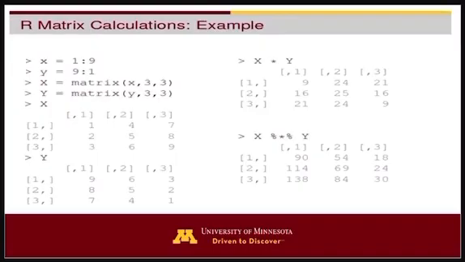Now, I want to do matrix multiplication in R. I specify two variables from my data set: X, which I want to use to make a matrix, and Y, which I also want to use to make a matrix. So X is 3 by 3, and Y is 3 by 3.